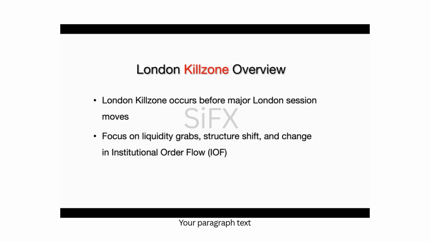You need to find possible areas where price would likely gravitate towards to spool for liquidity before going the opposite direction. After that, you need to also observe structure shift and of course changing institutional order flow. I would emphasize this last concept when we get to the real charts moving forward.